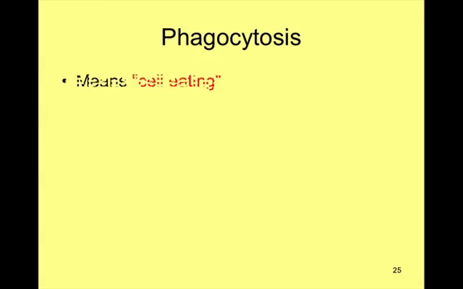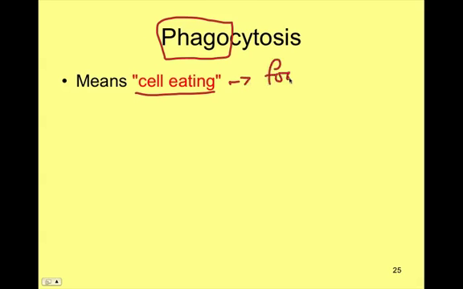There are two types of endocytosis. The first type is called phagocytosis, and phago means cell eating. So this is the cell taking in food. So phagocytosis is the cell eating.